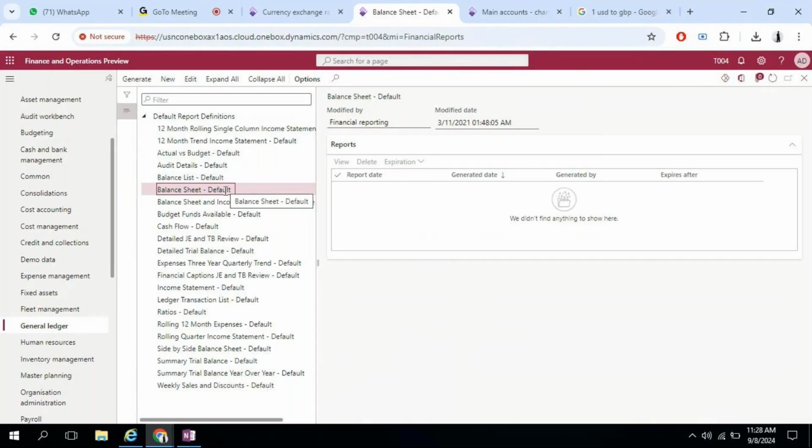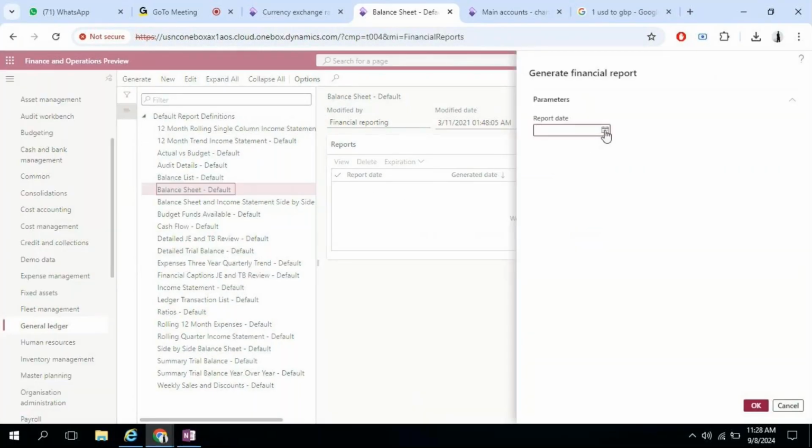Now, how to run this standard report? This is actually the financial management reporter, and it is utilized for this purpose. You need to give it a date and click on the OK button. It will show you the report at a broader, reporting level.